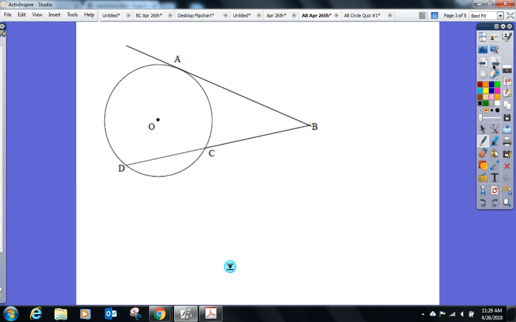Cube. Pinwheel. Page curl. Okay, here you go. Clock or Promethean man. Clock.